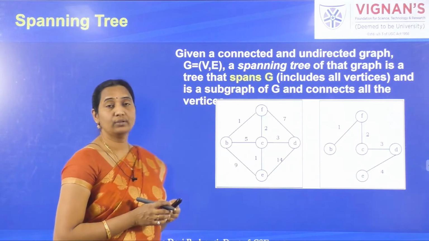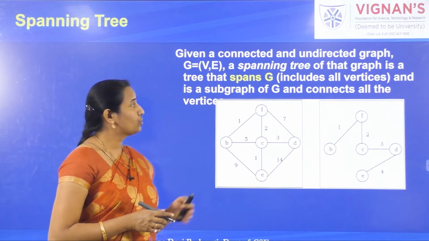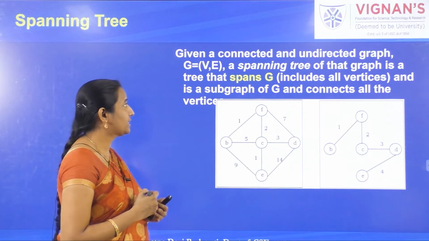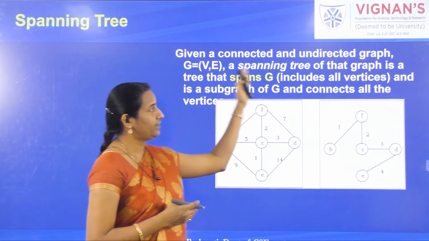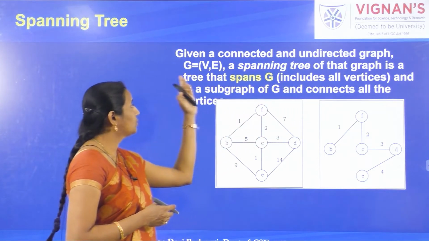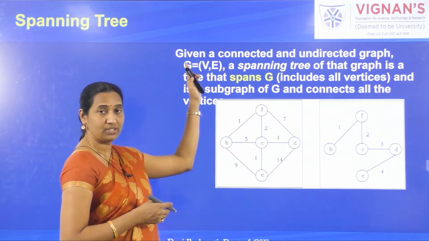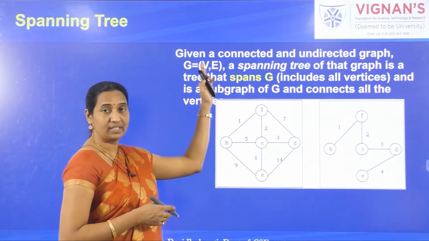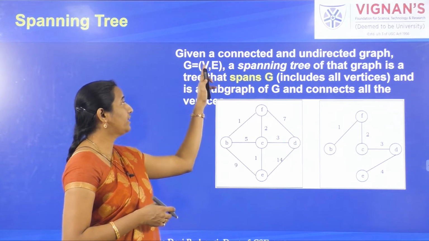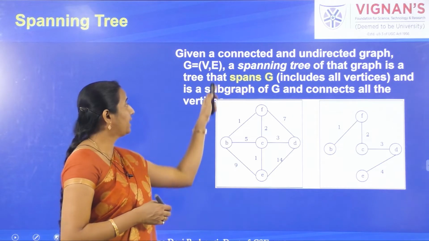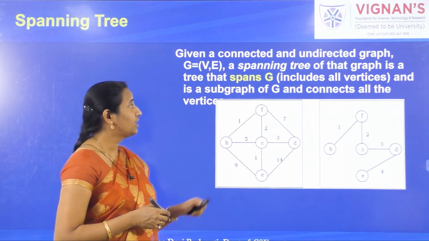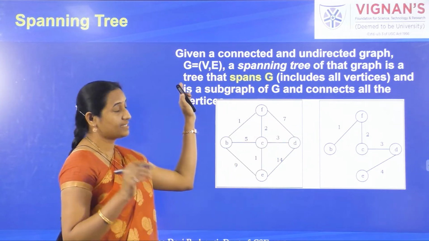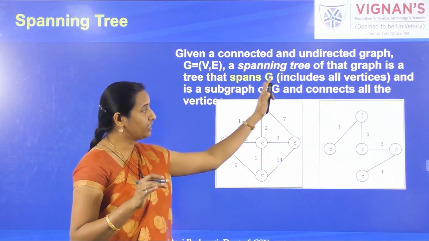Now let's try to understand what a spanning tree is. For the given graph, how do you define a spanning tree? Given a connected and undirected graph, denoted G equals (V, E), where V denotes the set of vertices and E denotes the set of edges, a spanning tree of that graph is a subgraph which spans the given graph.